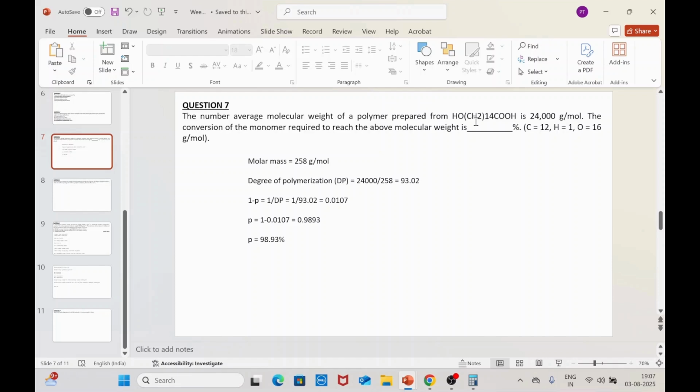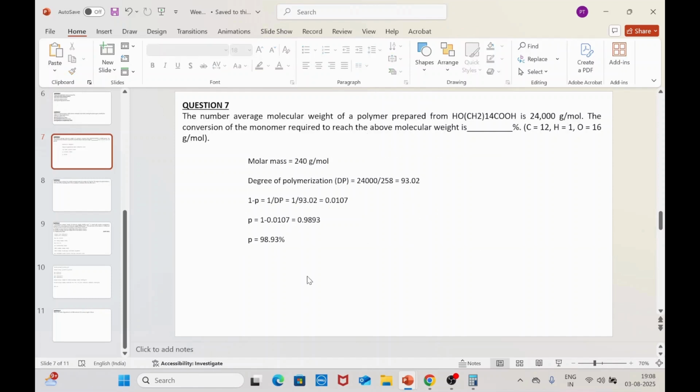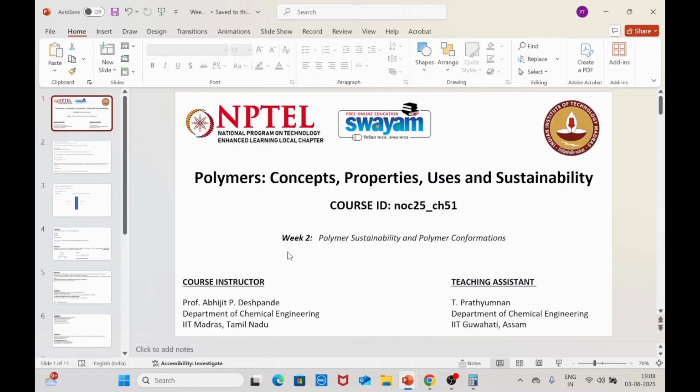So it should be somewhere around 240. Then you need to change the calculations accordingly. I hope there is nothing much to discuss after this. That was the only thing that I wanted to tell.